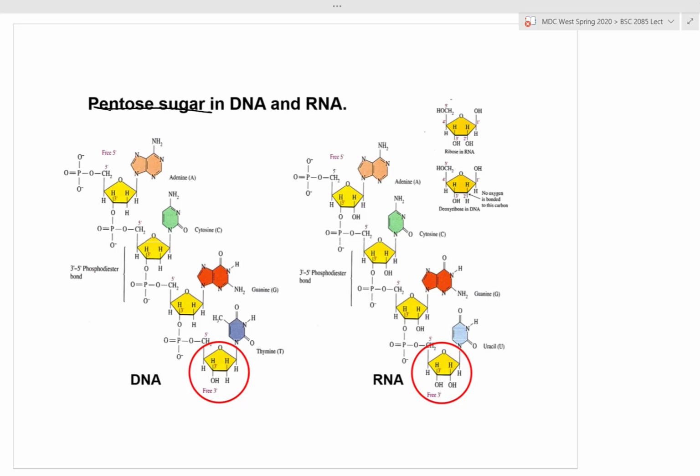Yeah. So the DNA has deoxyribose, hence the name D. So D for deoxyribose. And the RNA has what? Ribose. And let me write that down. So this is known as deoxy.